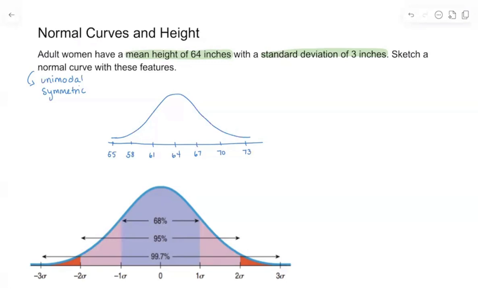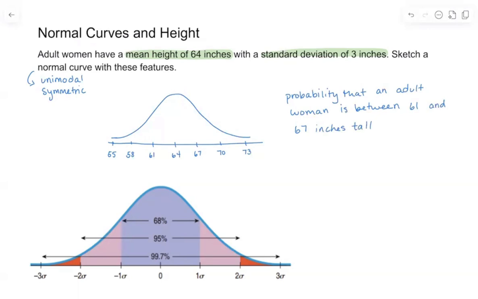This normal curve, combined with what we already know about normal curves, can actually help me answer some questions about probability. So if you said, what is the probability that an adult woman is between 61 and 67 inches tall, right?